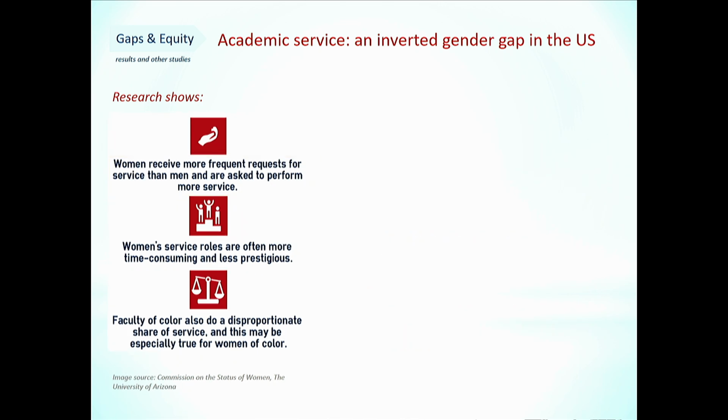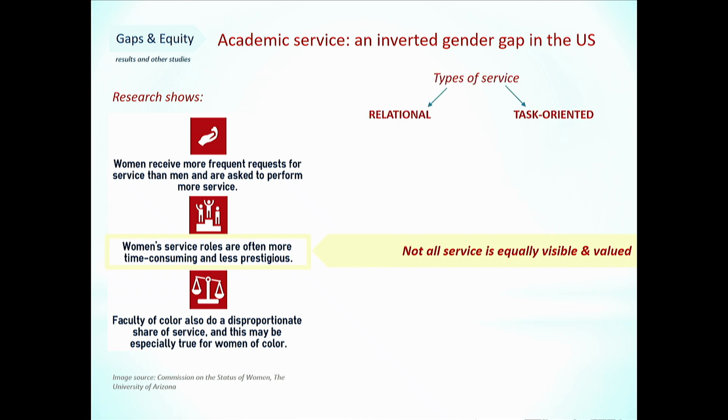Another piece of the research says, in connection to service being visible and valued, that women's service roles are often more time-consuming and less prestigious. Okay? So this is an interesting slide because some of the research identified two types of service: relational service and task-oriented service.